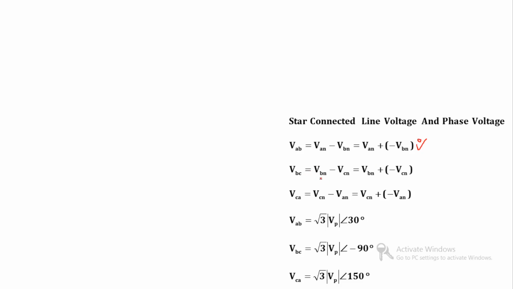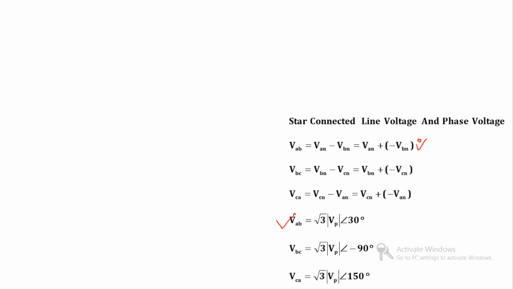VBC is equal to VBN minus VCN. Again I can rewrite this equation as VBN plus in bracket minus VCN, and lastly VCA is equal to VCN minus VAN. Again I can rewrite that as VCN plus in bracket minus VAN.